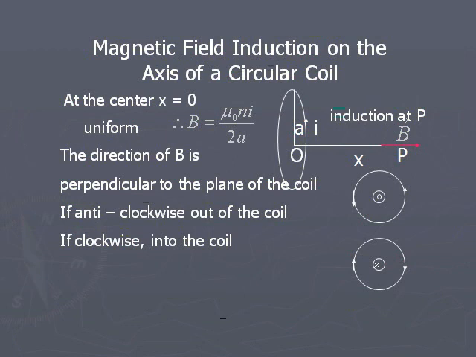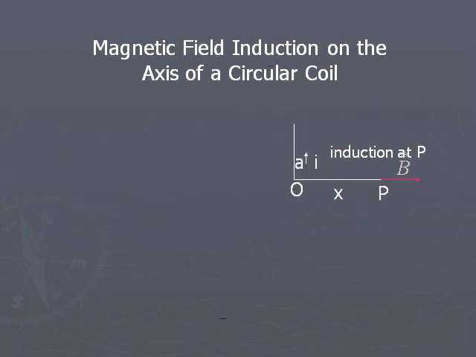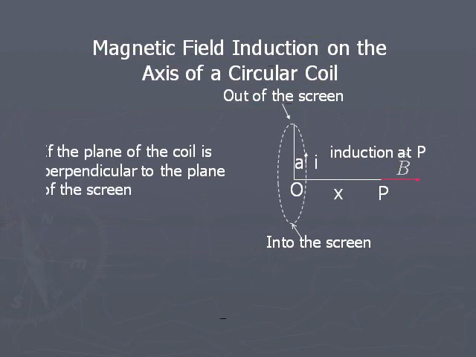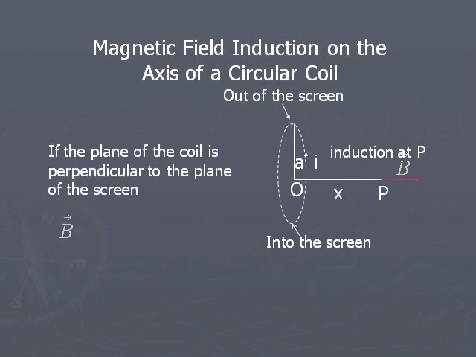The magnetic field is away from the center, because if you look at this coil from the right side, from the point P, you will notice that the current is flowing in the anti-clockwise direction. So the magnetic field will be away from the center, towards the right.